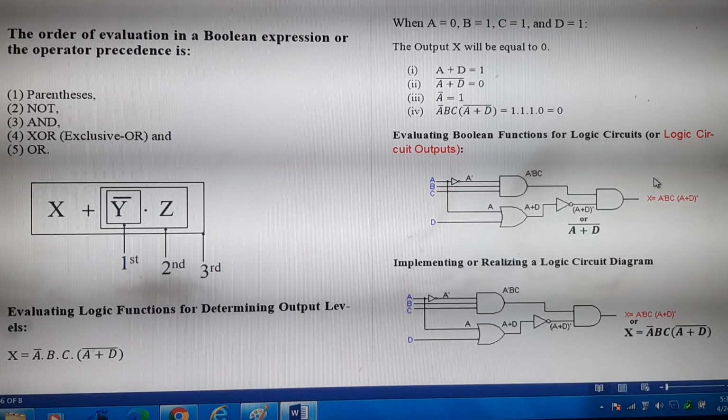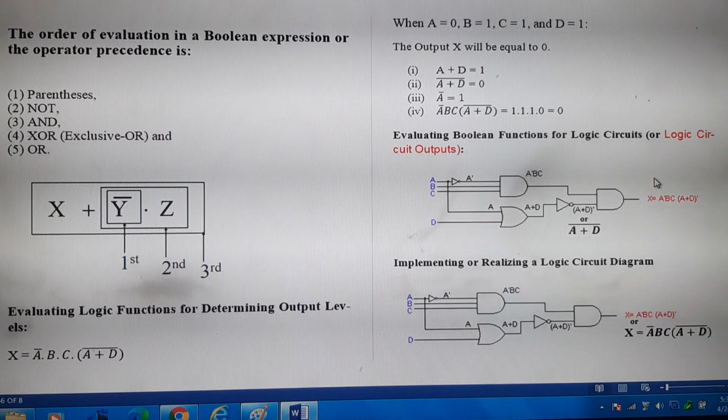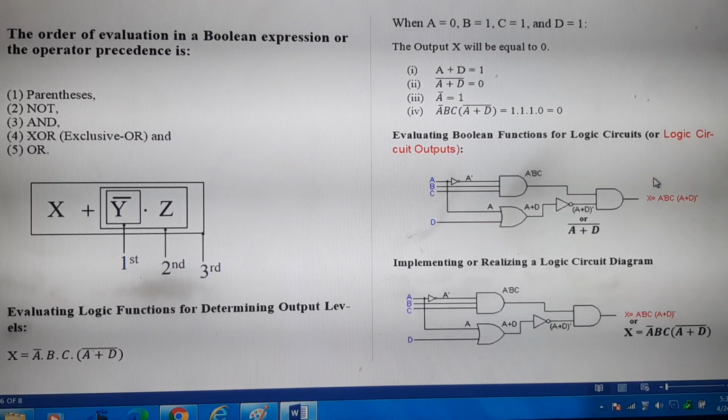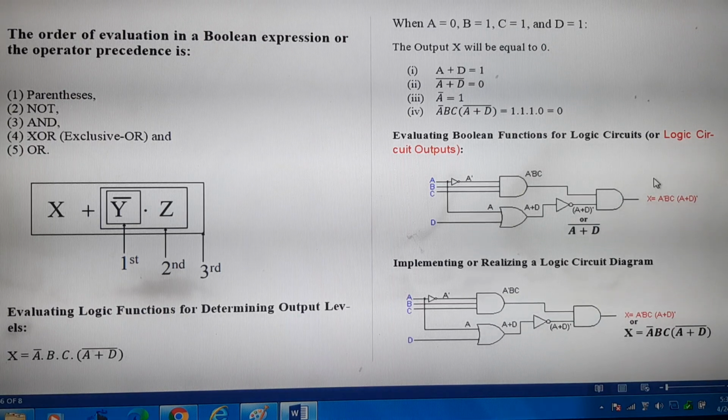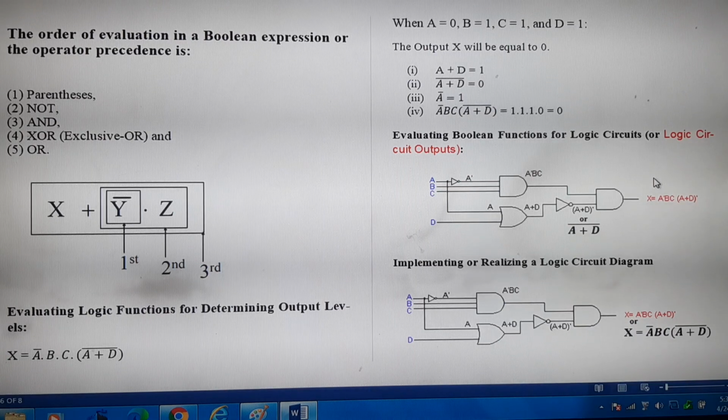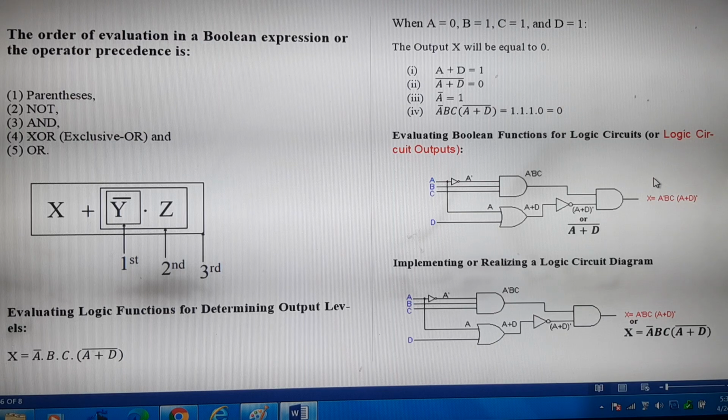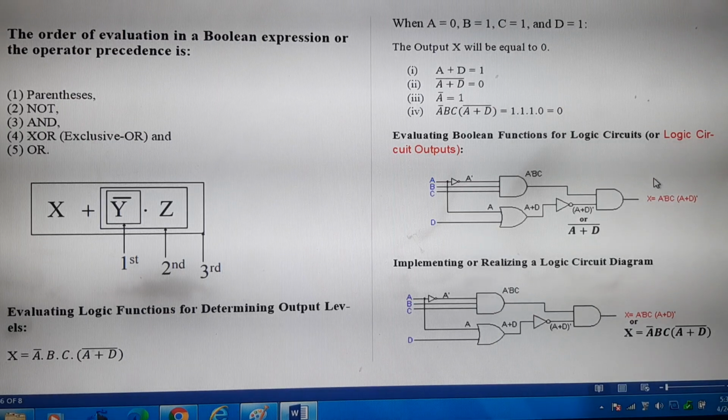We can determine the output level for any set of input levels using these rules that follow the operator precedence. Suppose we take a equal to 0, b equal to 1, c equal to 1 and d equal to 1, the output x will be equal to 0. How will we evaluate it?